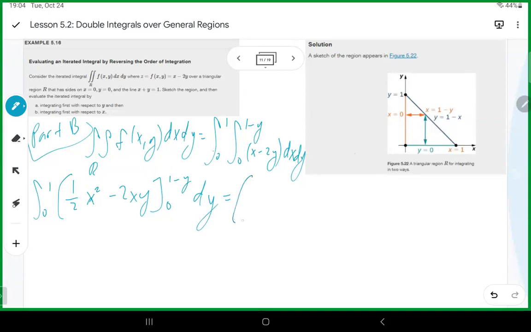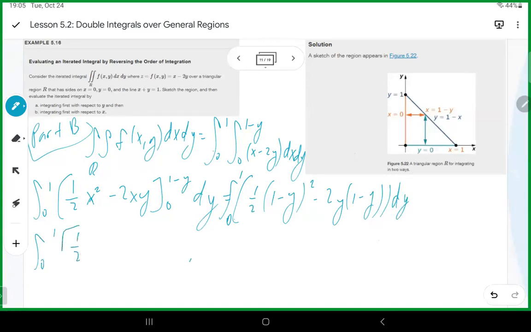So then if you sub in 1/2 times 1 minus y squared minus 2y times 1 minus y dy, 0 to 1, 1/2 minus 3y plus 5/2 y squared dy.